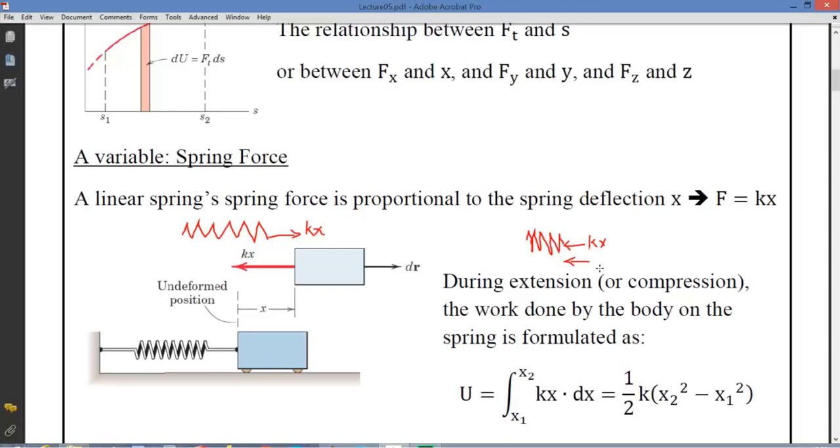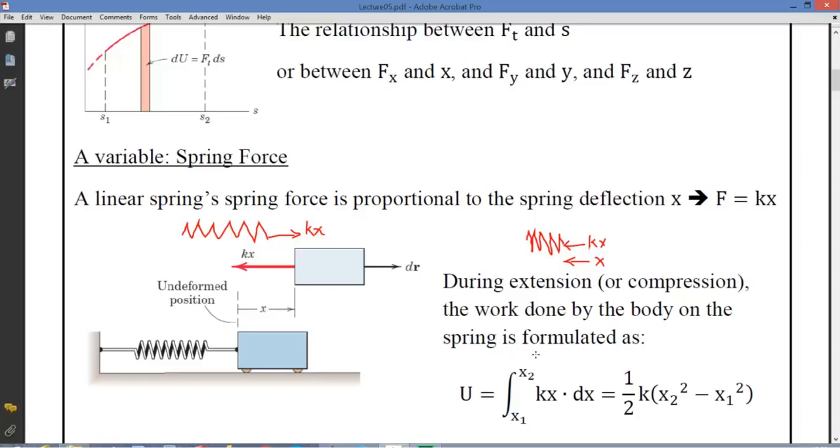Okay, this is the displacement of the spring, x displacement, right?